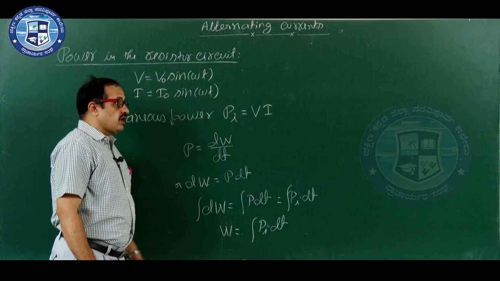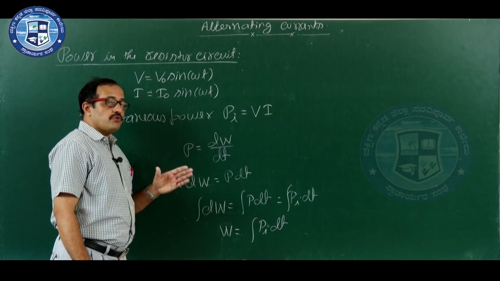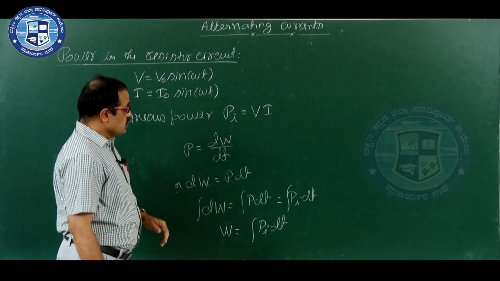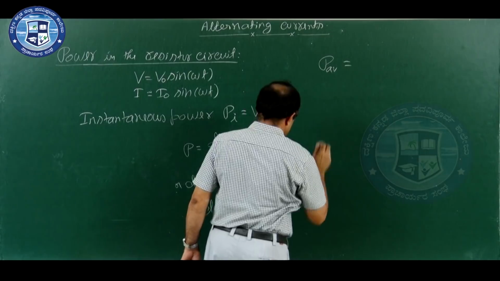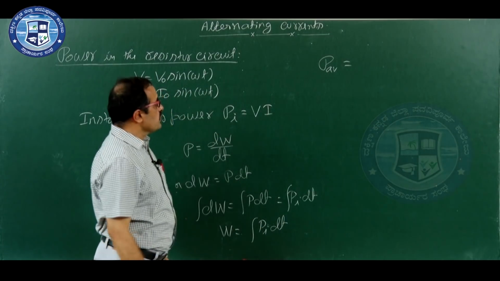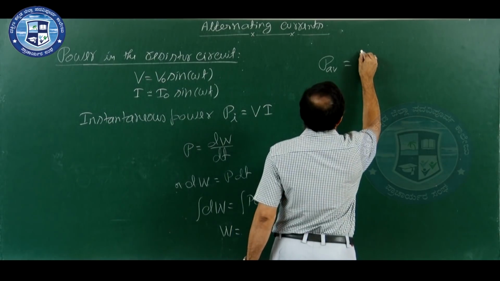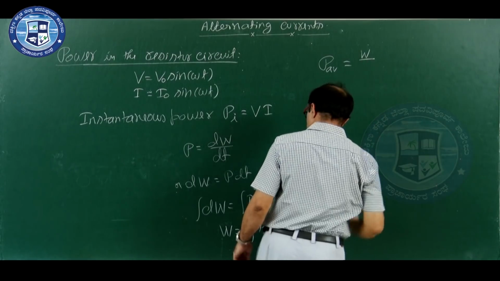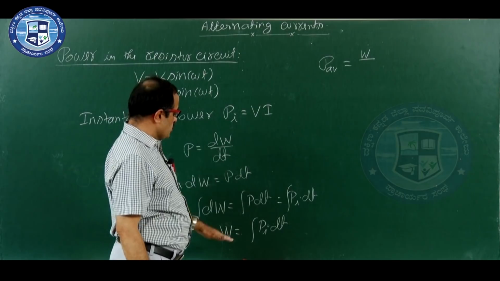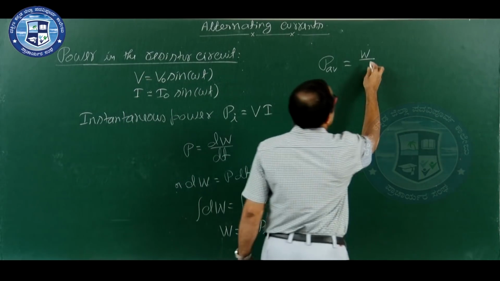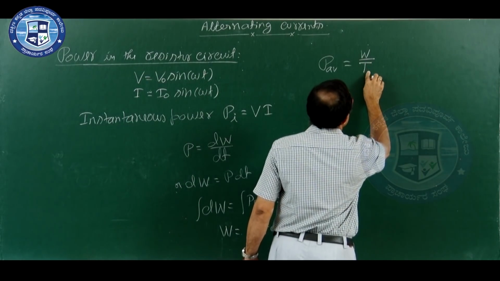Now, I want to find out average power consumption over the complete cycle. So, P average is equal to total energy consumed, we take it as W in this case, W means work done or energy consumed, divided by capital T, the time period.